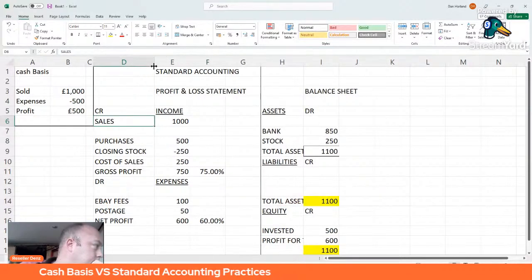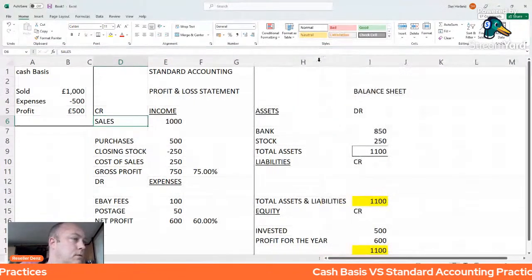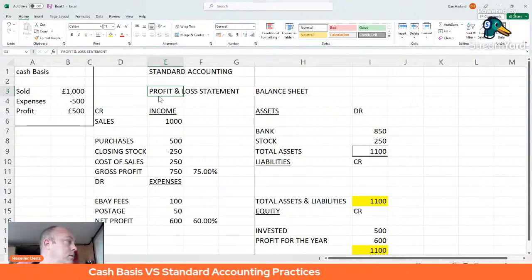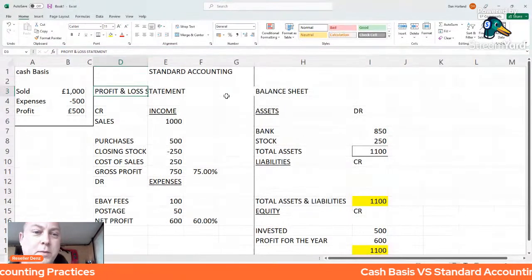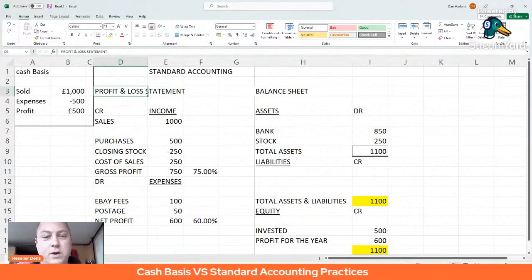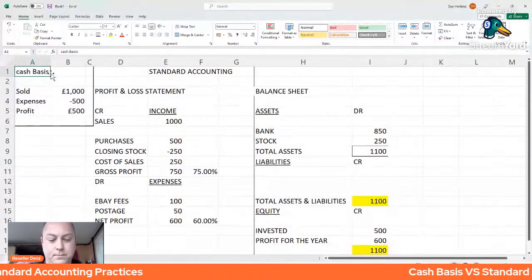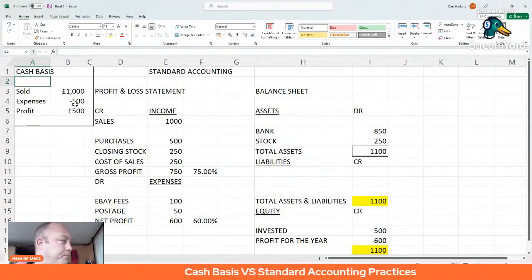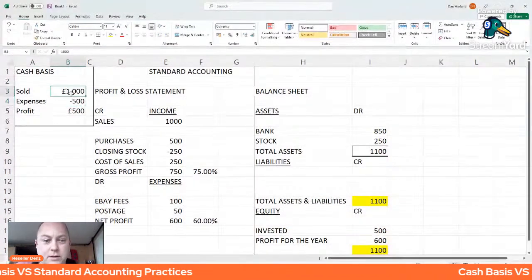Let's try and, there you go, that's a bit better. Now, if you're still with us, I've got 4 people in the chat. If you can comment, let us know if you have any questions. But essentially, you've got cash basis accounting, which takes into account expenses minus your income, and that's your total profit.